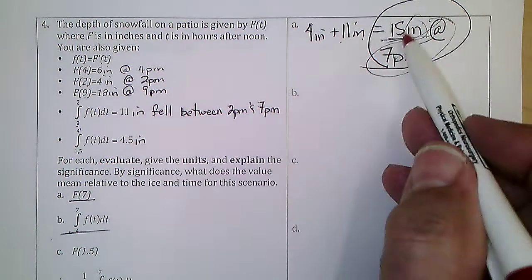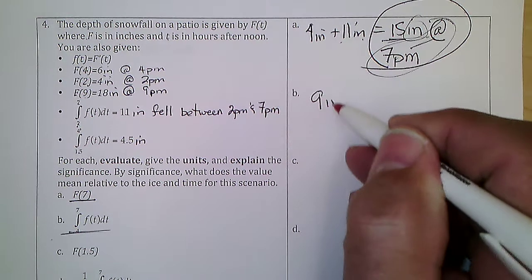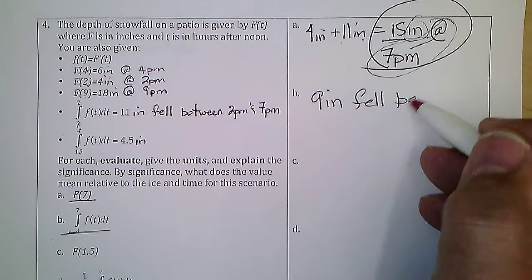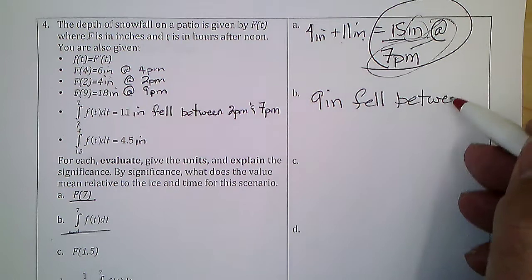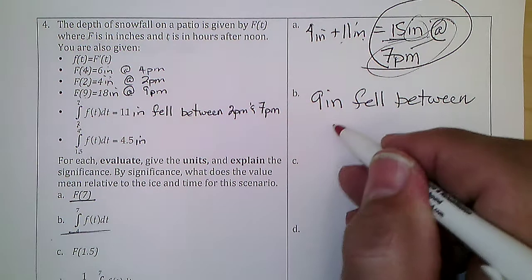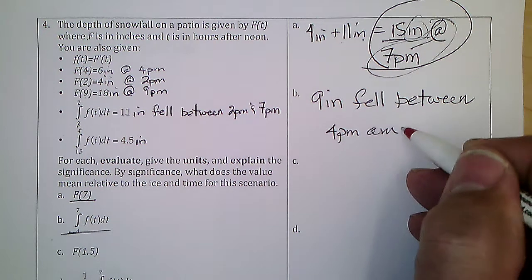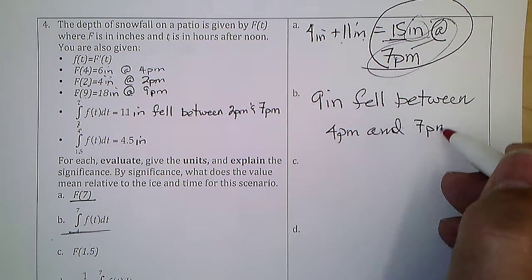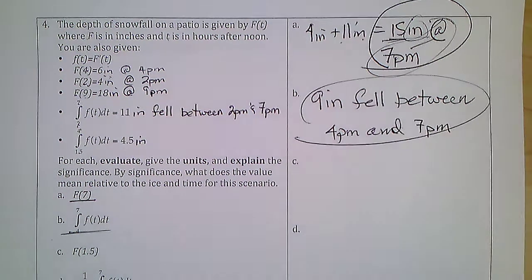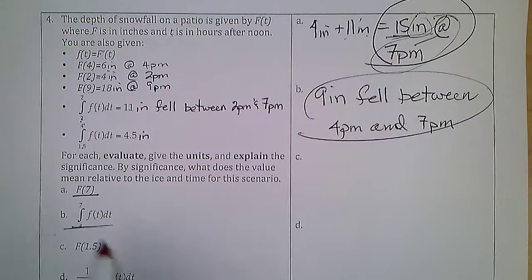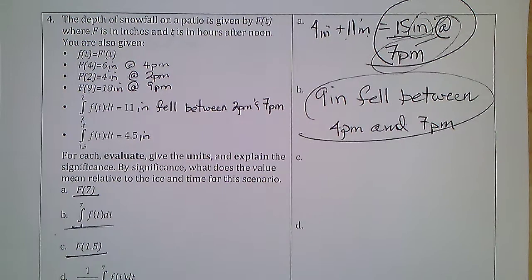So 6 to 15, that's 9 inches fell, or piled up, between 4 p.m. and 7 p.m. That's a change. Or I could say 9 inches more between 4 p.m. and 7 p.m.